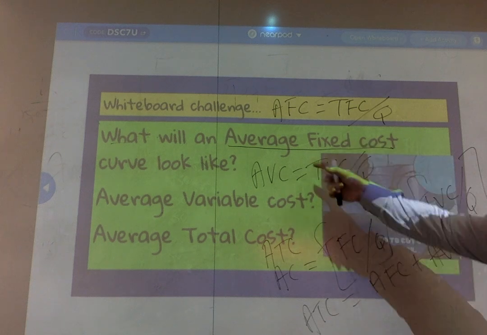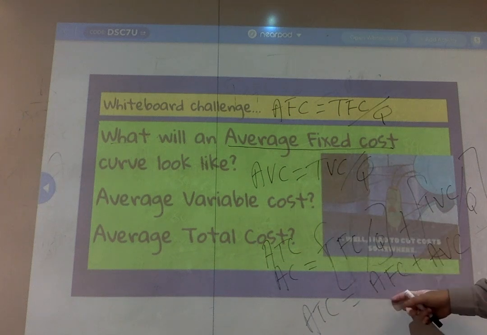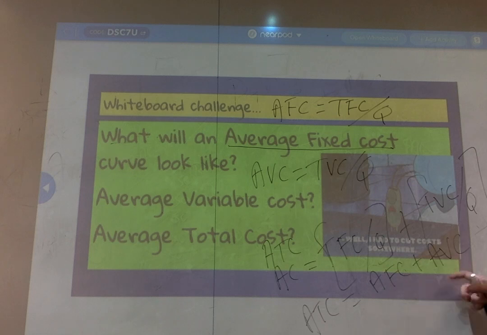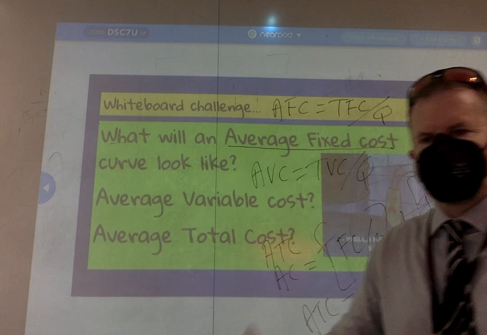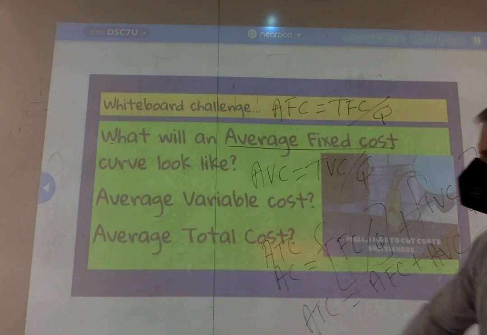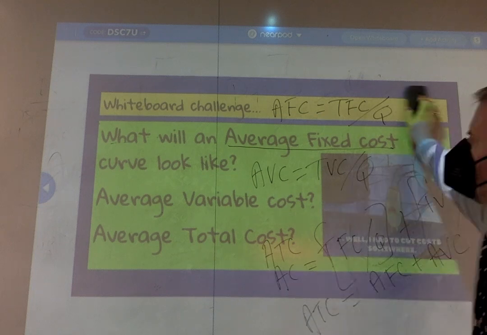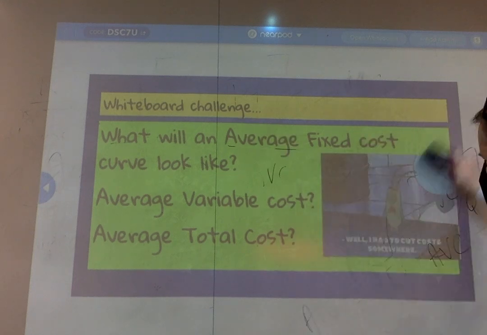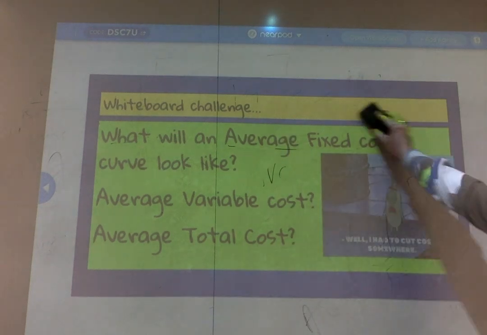So if you're given average total cost and average variable cost, and you're asked to work out average fixed cost, or some other combination, that is just a math skill. It's a little bit of an understanding about how the costs all work, but it is just a math skill. But the questions weren't necessarily about the equations for them. The question was about what they look like.